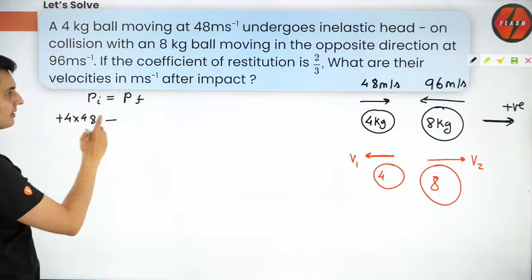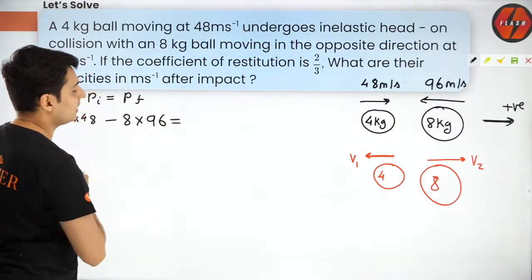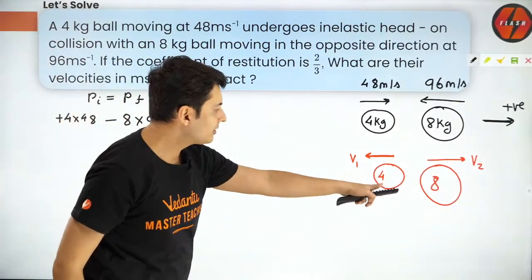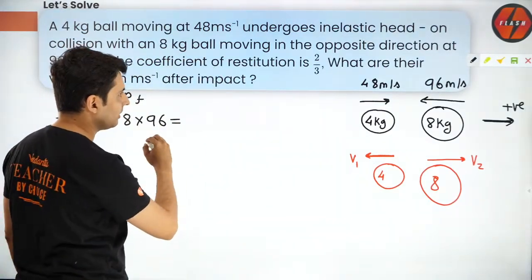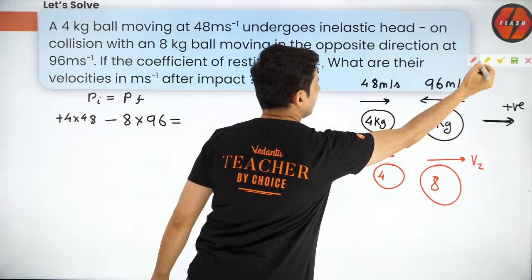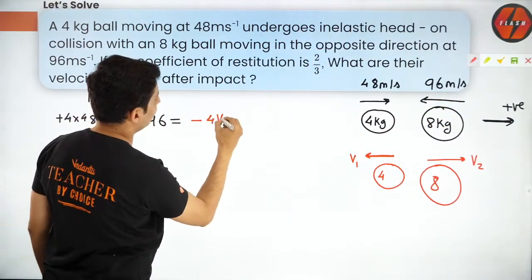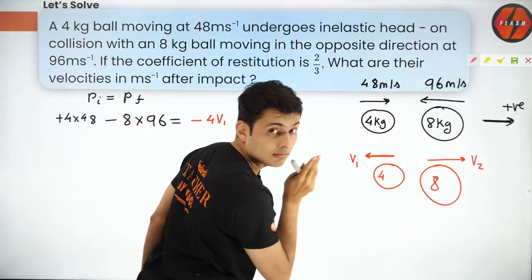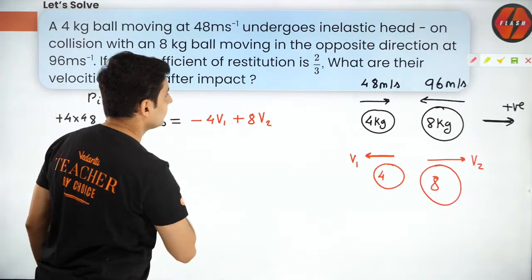So 4 into 48 minus 8 into 96 is equal to, this guy's momentum is negative because V1 is this side, so minus 4 V1, and this guy's momentum is right side, so positive, so plus 8 V2.